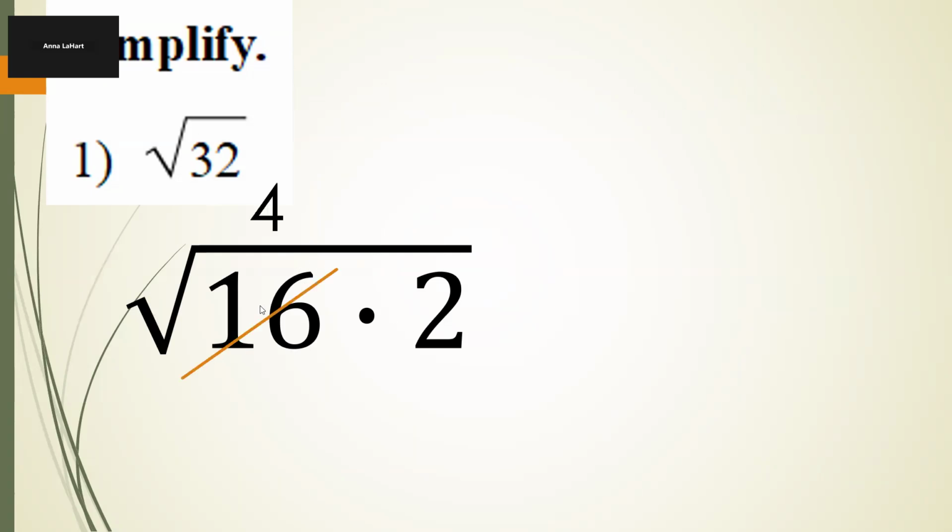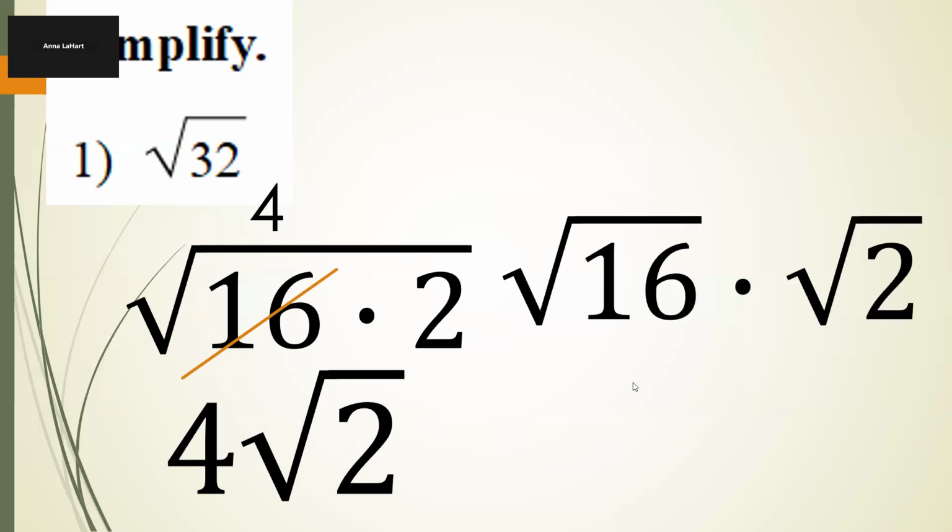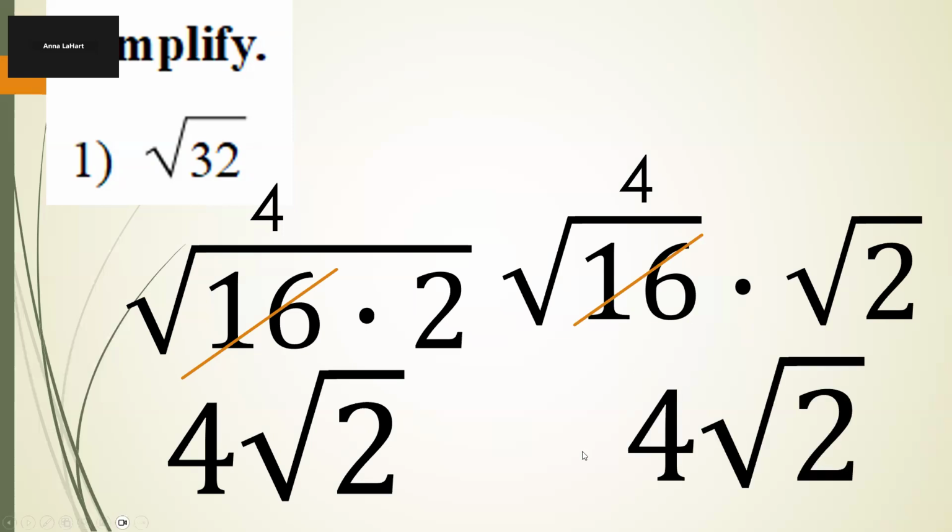Square root of 16 is 4, so then I end up with 4 square roots of 2. That's simplified. Some people like to separate the two, to put it in its own radical, and you probably were taught this. But I am just lazy and don't want to do that. It's still the same answer, however you want to do it. If you want to stick all of your perfect squares with one thing and then the other, that's absolutely fine. But my PowerPoint is all me just doing this, and you'll see what I mean. I just don't want you to get thrown off. It's still the same technique, I'm just lazy.